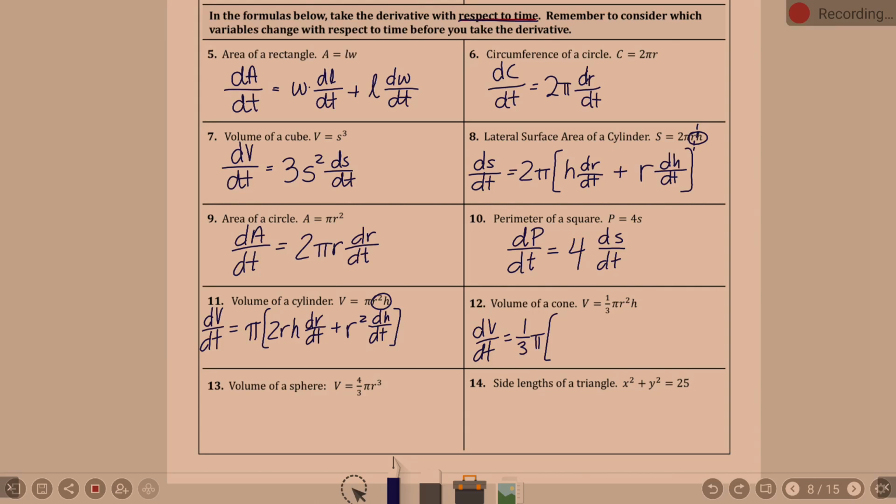I'm not saying 1/3 pi is wrong, I'm just saying more typical in calculus is that you might see pi over 3. Then you're doing the derivative of r squared h again. Didn't we just do this? Yes. Derivative of r squared is 2r, keeping the h, times dr dt, plus, this time I'm going to keep the r squared, derivative of h is 1, dh dt.